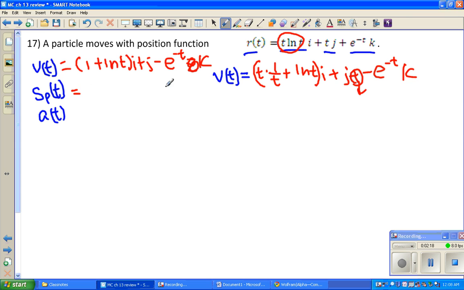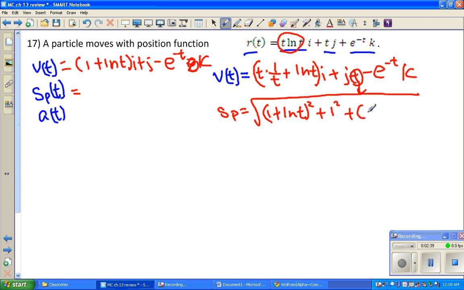In order for us to get the speed, all we have to calculate is the magnitude of this one. In other words, we just have to do 1 plus ln of t squared plus 1 squared plus negative e to the negative t also squared. Now when you square them and simplify everything, this portion would have been something like this.